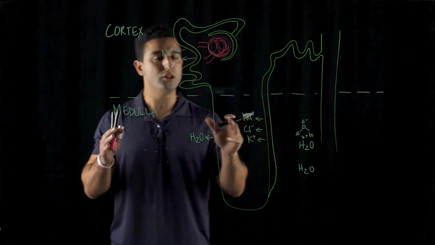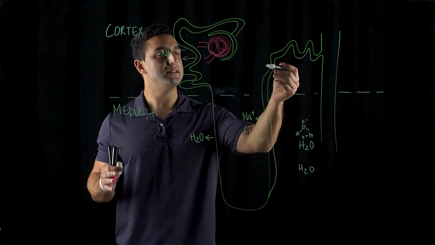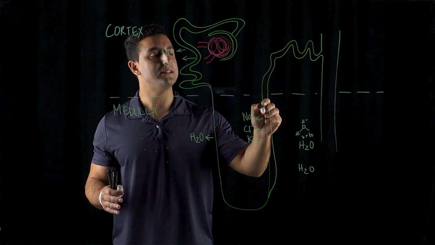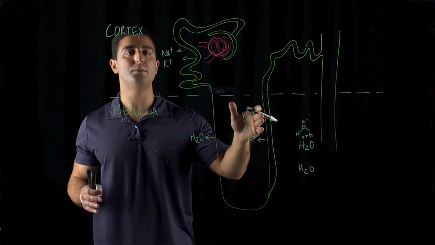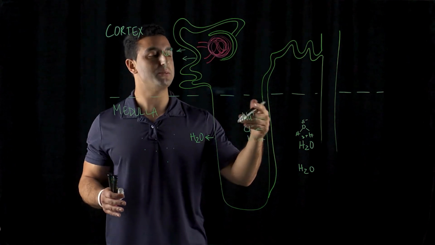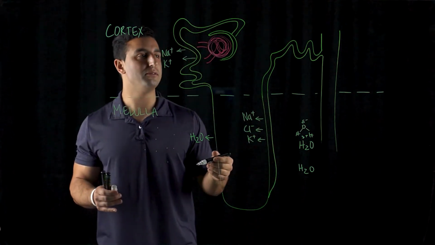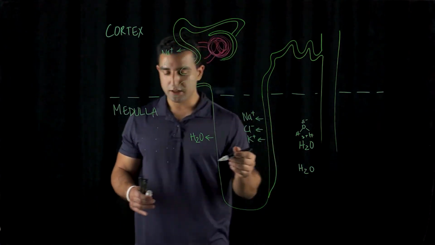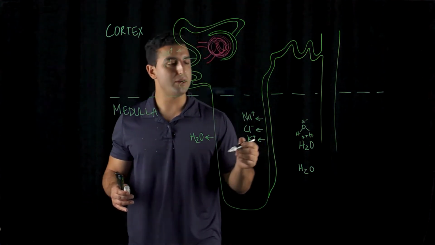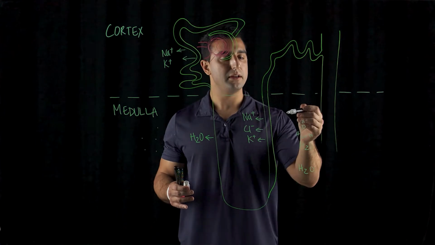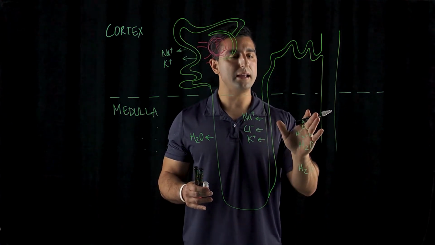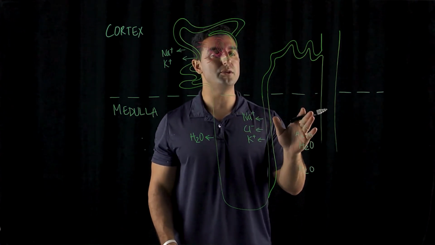When there is a low concentration of minerals, certain metabolic processes activate the ascending loop of Henle's channels, these active transporters, to push sodium, chlorine, and potassium back into the extracellular fluid. So then what happens afterwards? Now you have a highly concentrated or diluted urine.